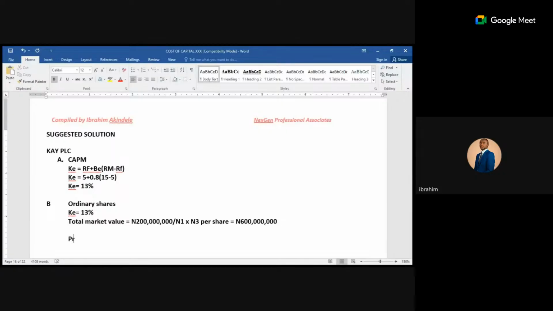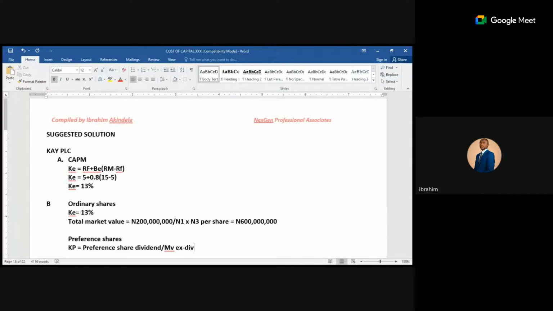The other one is preference shares. Irredeemable preference shares. Our formula for calculating the cost of preference shares equals the preference share dividend divided by the market value or market price.